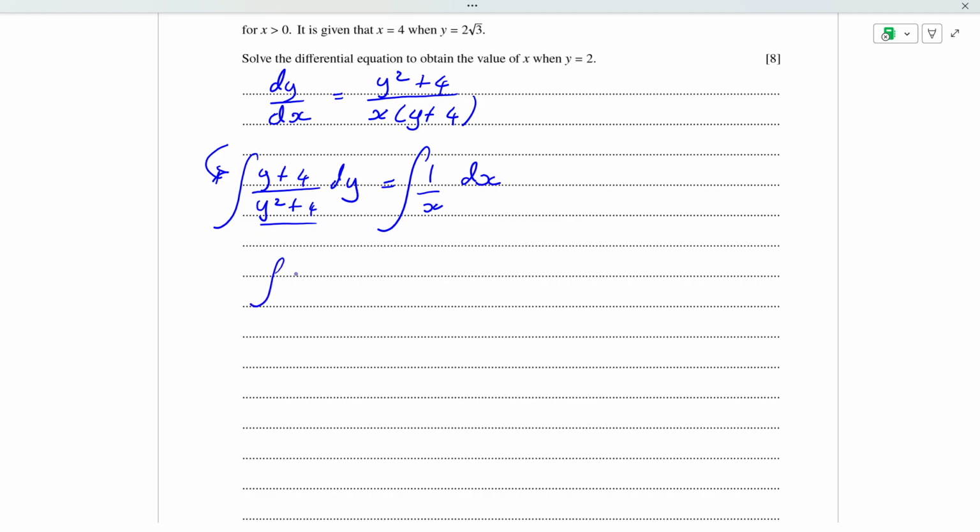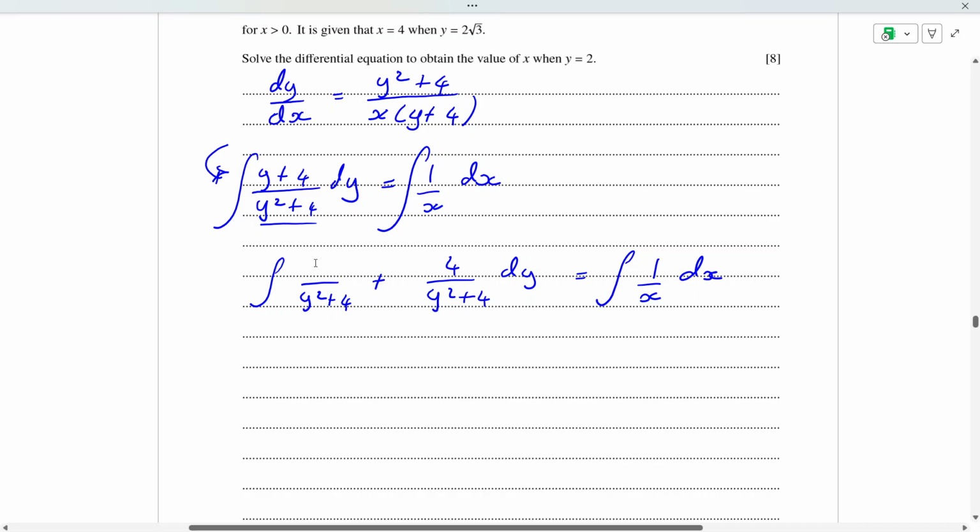So I'll separate it like this: the integral of y over (y squared plus 4) dy plus the integral of 4 over (y squared plus 4) dy is equal to the integral of 1 over x dx. So now we can carry out the integration.